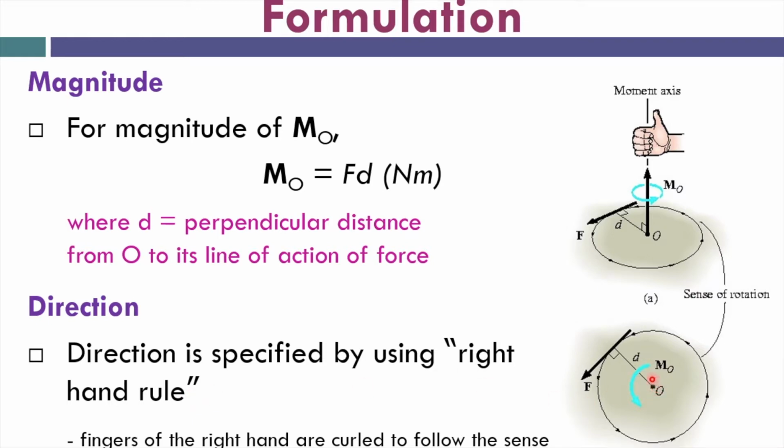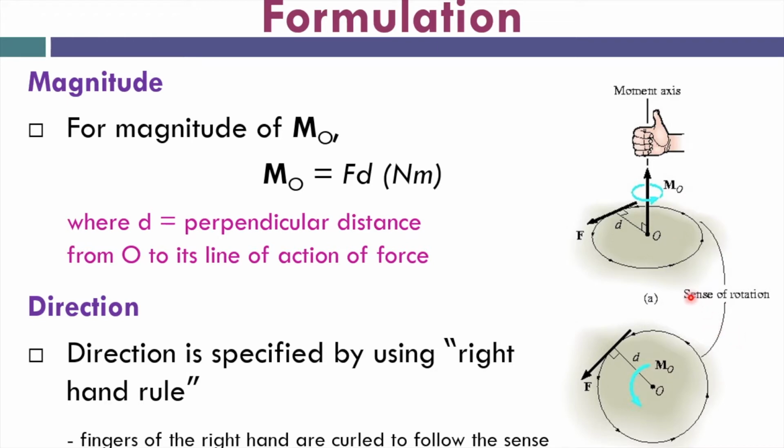Okay, so here we use the right hand rule for the moment axis, and to find out the positive or negative value. The fingers of the right hand are curled to follow the sense of rotation when the force rotates about point O. So we curl the fingers and we find out how it rotates.